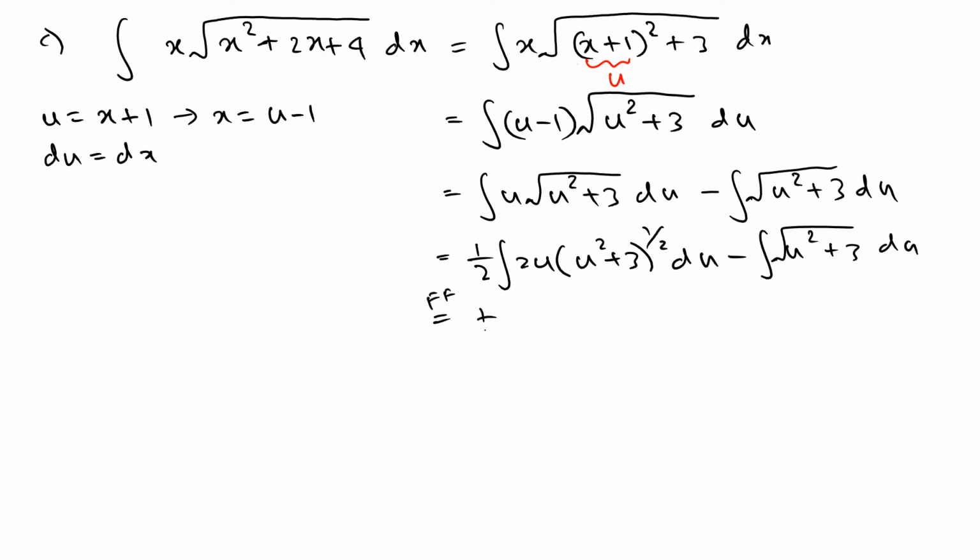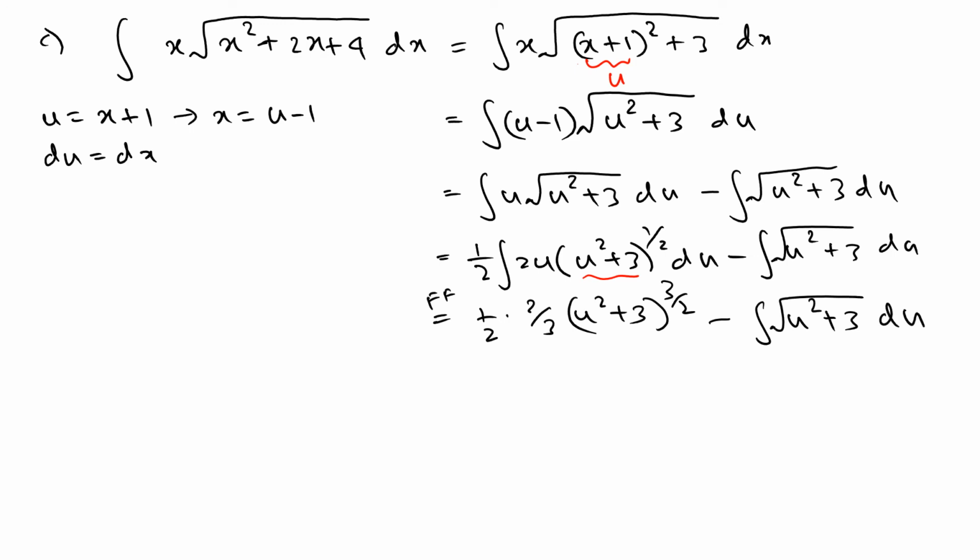So that means this is 1/2. Just treat this function as x. So that means it's going to be 2/3 u squared plus 3 to the 3/2. So that part is done. The minus, we have this one, the square root of u squared plus 3 du. For that we can use a formula.